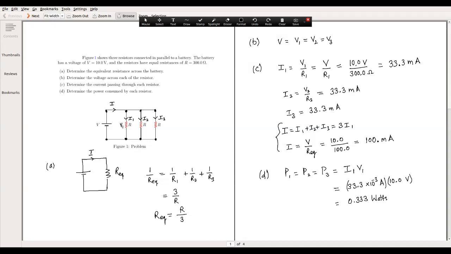That's the power consumed by each of those resistors. Power is how much energy is lost per unit time as the charges move around in it, and they are identical because the currents and voltages are the same.